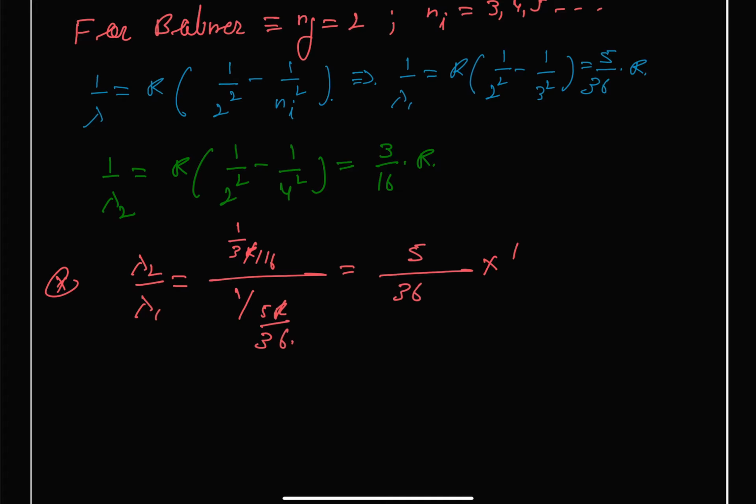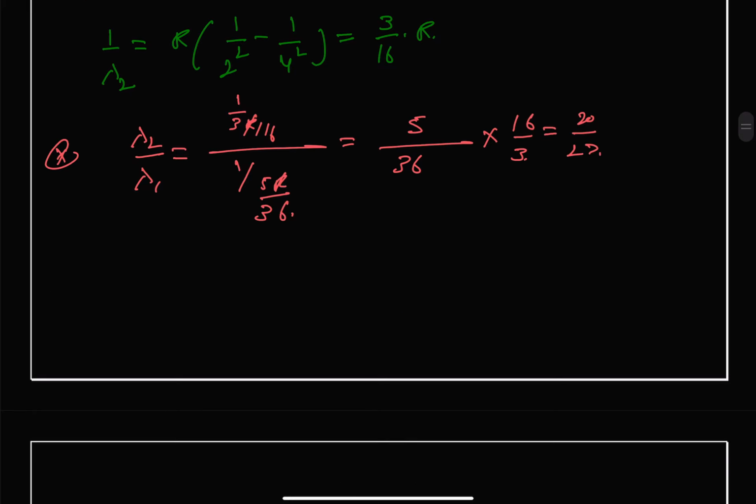This is equal to 5 upon 30, which will be equal to 20 upon 27.